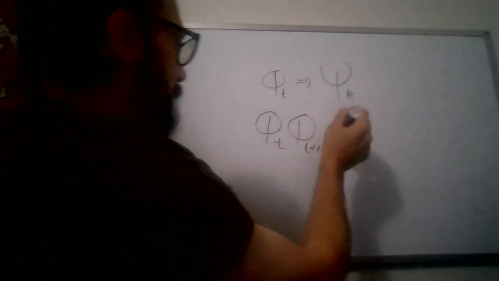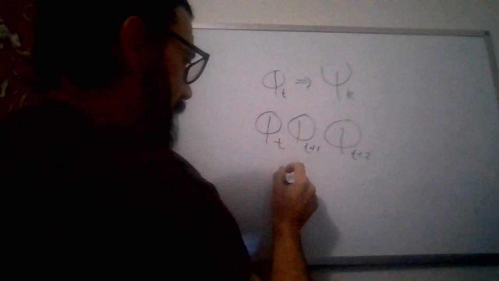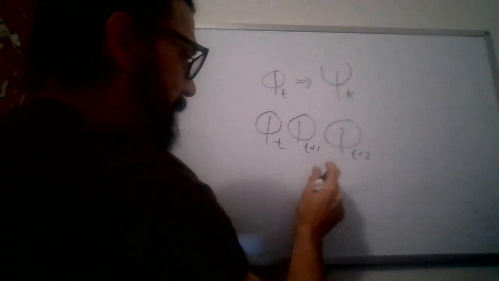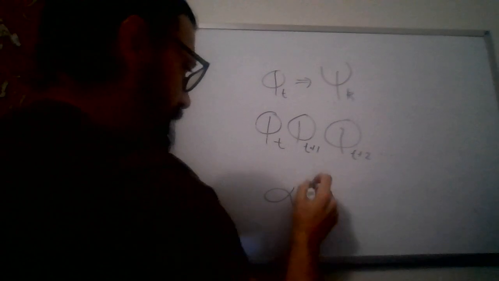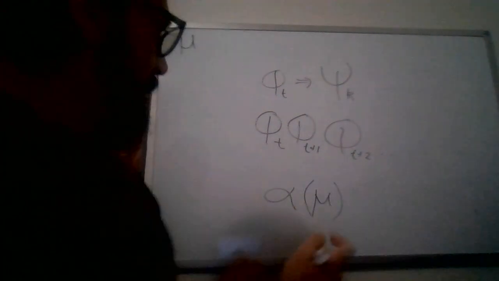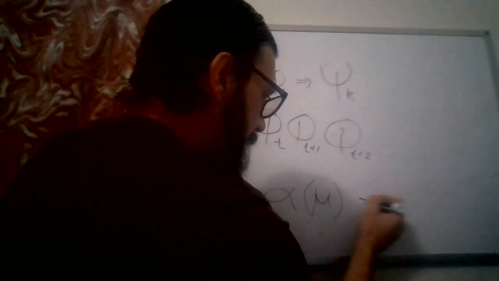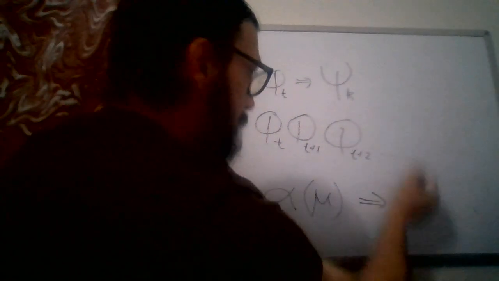And obviously, these right here are saying that you have an operator that's going to operate on something, right? So you have the alpha that's going to operate on the mu, and then it transforms into some resultant.